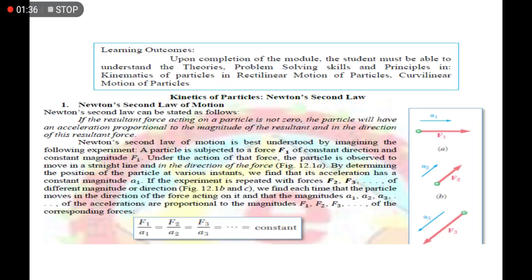Basically, when you say Newton's second law of motion, it means that if your object is not balanced, there is a resulting force, or net force, on your body.